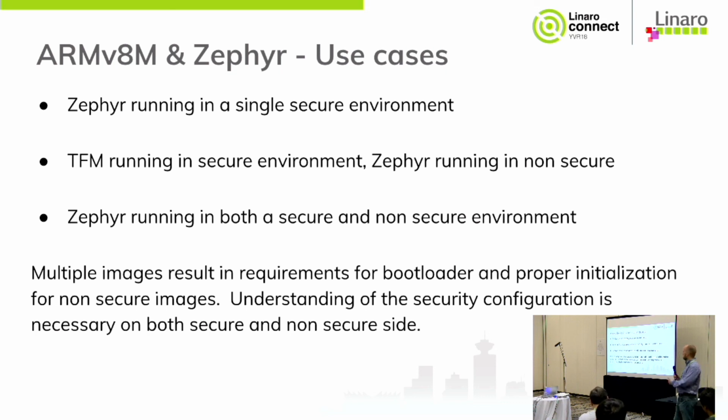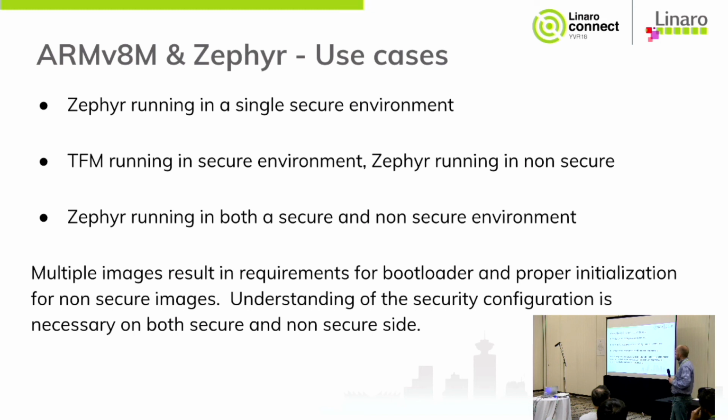By default, the system will run in a secure environment. The fault handlers and all that are in place, so that works fine. If you want to actually have a non-secure environment, you have two choices. You can run TFM as your secure environment and run Zephyr in the non-secure, or you could even run Zephyr in both.